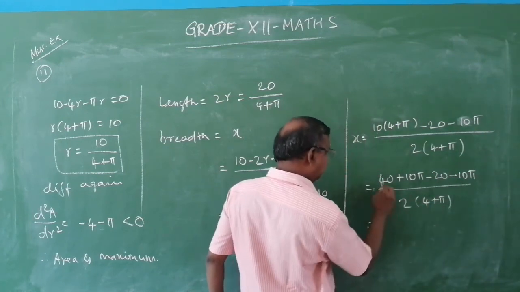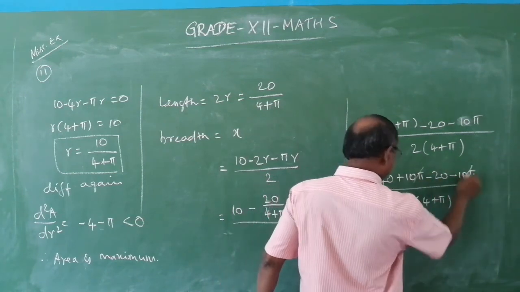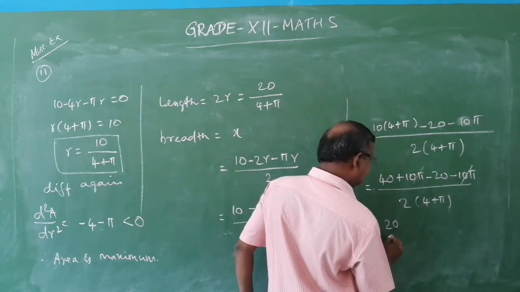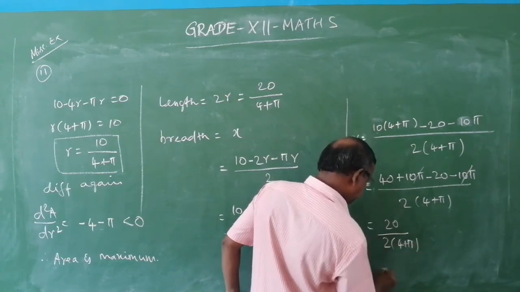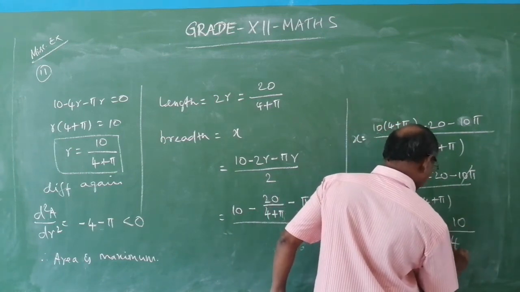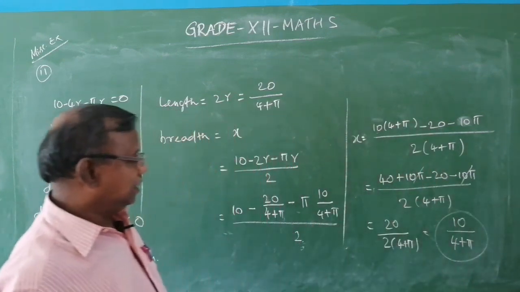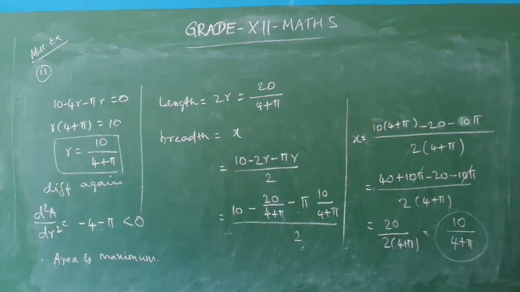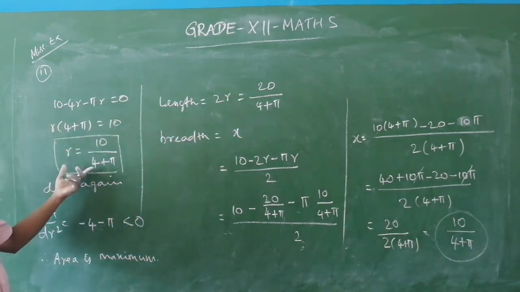Now 40 minus 20 equals 20, the 10 pi cancel, divided by 2 into (4 plus pi), which is equal to 10 divided by (4 plus pi). So in the rectangle the breadth is 10 by (4 plus pi), the length is 20 divided by (4 plus pi), and the radius of the semicircle is 10 by (4 plus pi).